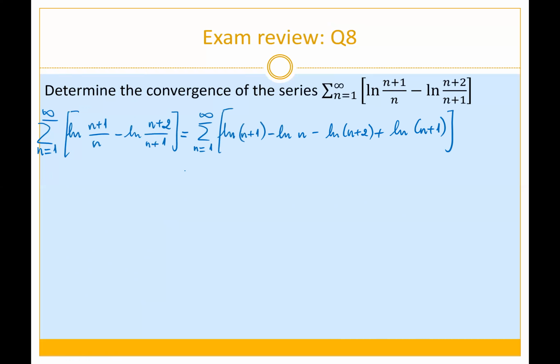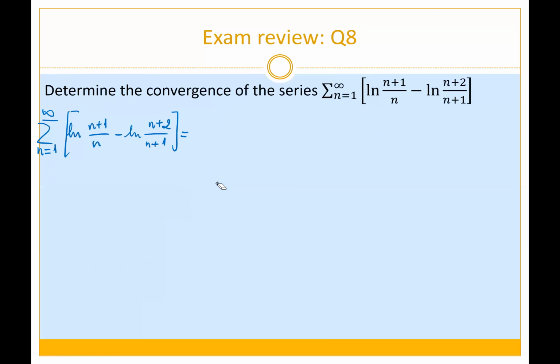And in this case, wait, is it actually a telescoping series? Oh shoot, no, not really. This is not the way that we should write it. Hang on, give me a moment.